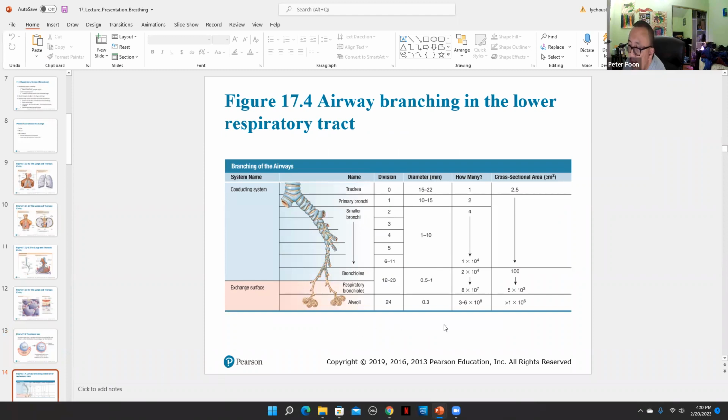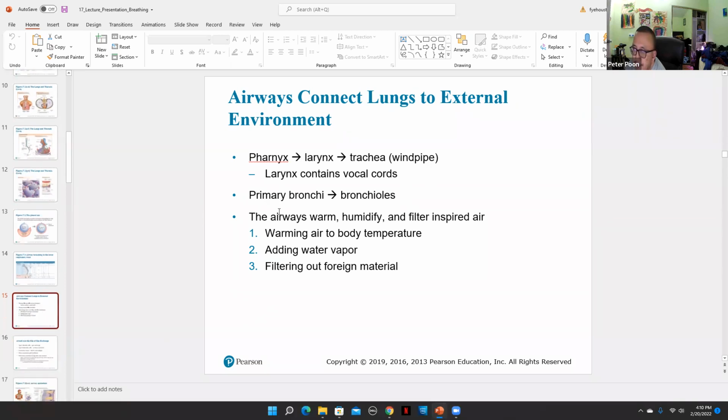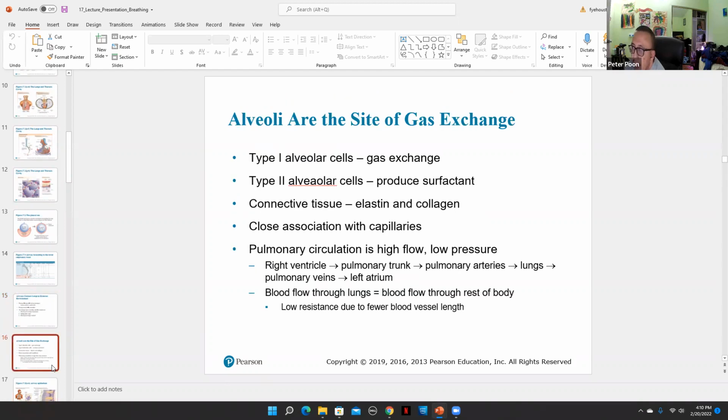Okay. Just look at this. Here you can see the cross-sectional area gets bigger and bigger as you go down, so it's easier and easier for gas exchange. The alveoli are where the gas exchange actually happens. This stuff is all anatomy, so you just go over it.